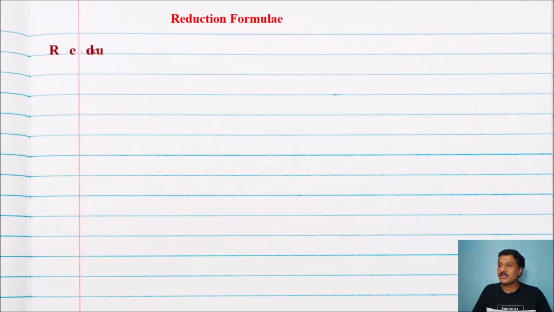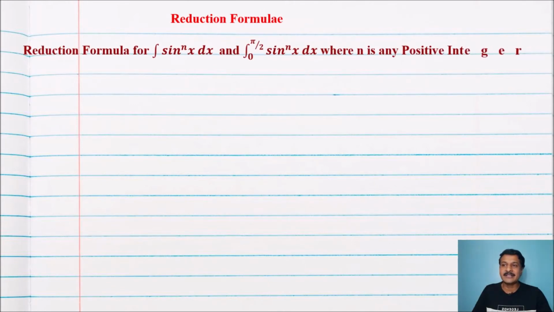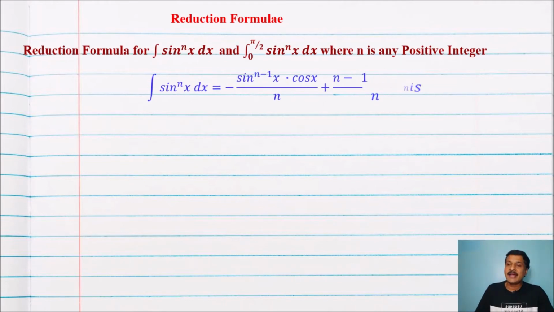Here you note that is the reduction formula for integration sin x raised to n dx and integration from 0 to pi by 2 sin x raised to n dx where n is any positive integer. So remember here that is the integration of sin x raised to n dx equal to minus sin x raised to n minus 1 into cos x by n plus n minus 1 by n sin x raised to n minus 2.